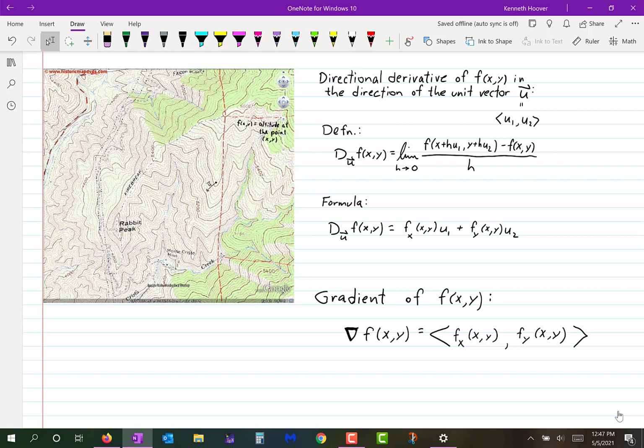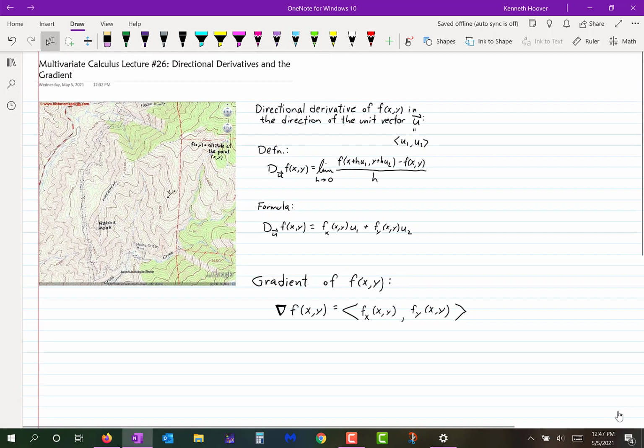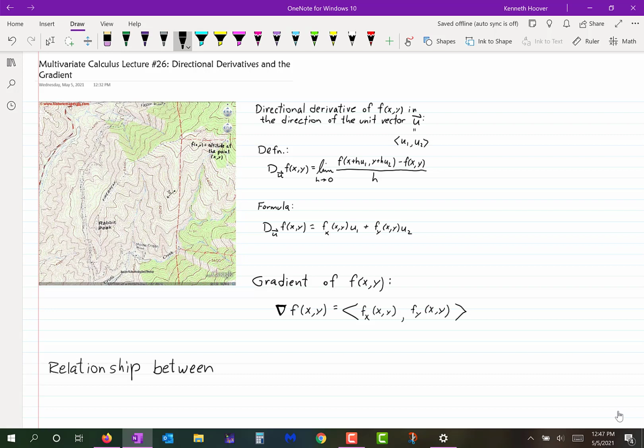These things are related to each other. Let me point out how. I'm going to write the relationship between directional derivatives and gradients.